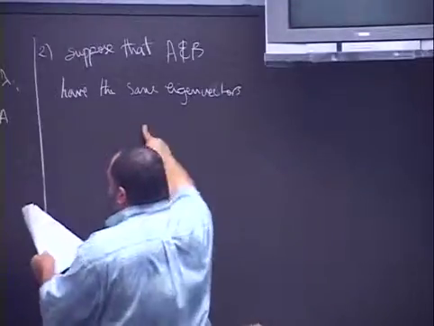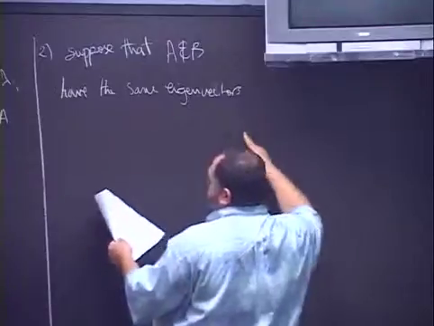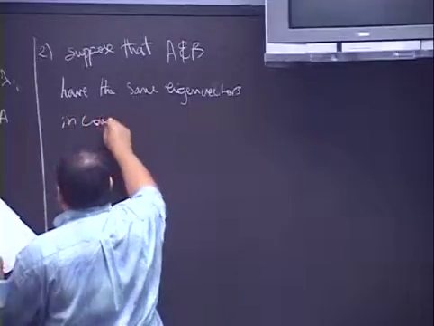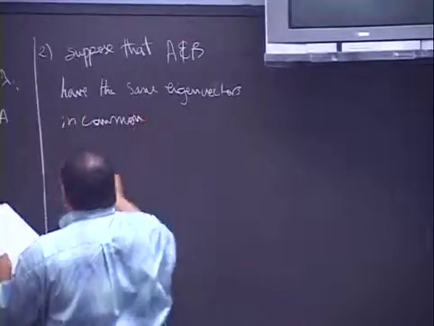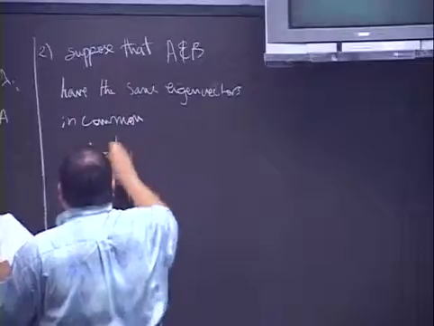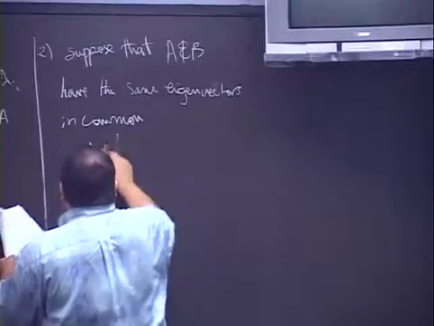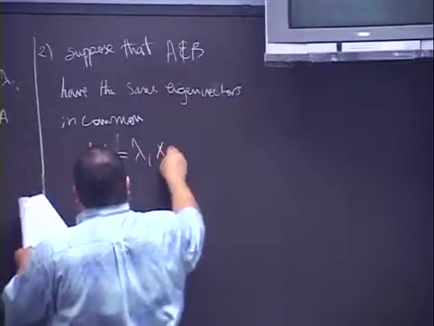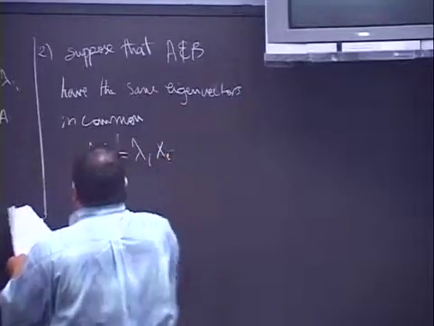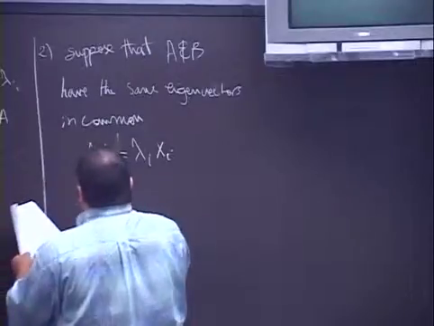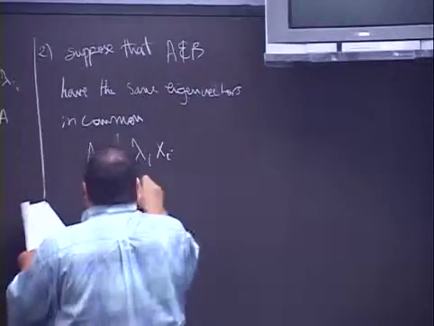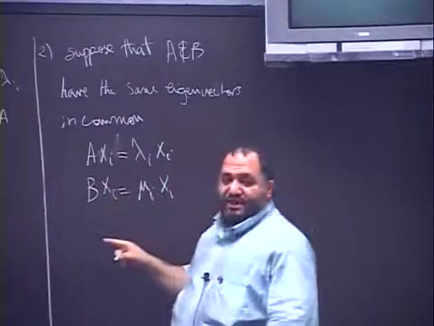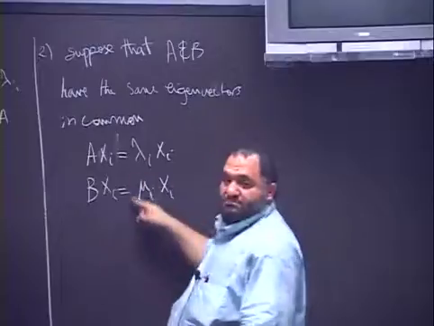So A and B have the same eigenvectors in common, so A Xi equals lambda i Xi, and because they have the same eigenvectors, I can write B Xi equal to mu i Xi. So the eigenvectors are the same, but the eigenvalues are different.